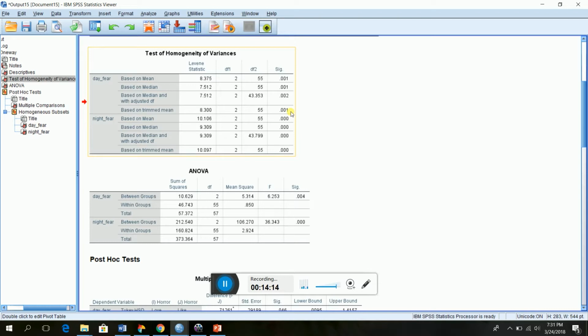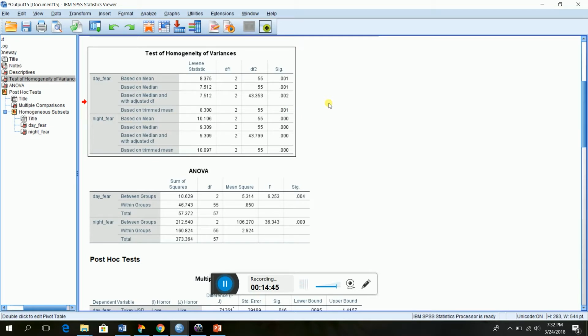That is, we're not going to reject H0 and say that something is significant as long as the sig value is less than 0.05. We're going to lower that and say we're only going to reject H0 and say something is significant if the sig value is less than, say, 0.03 or 0.01. What we're trying to do here is make amends for the fact that we have a violation by making it more difficult for us to reject H0.